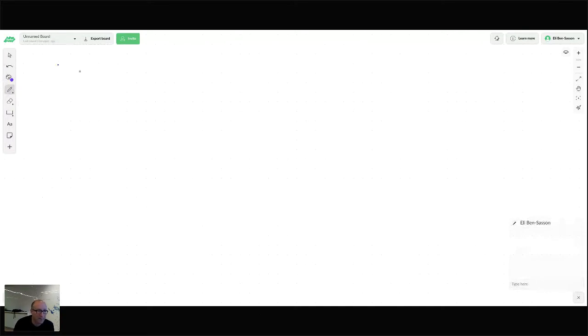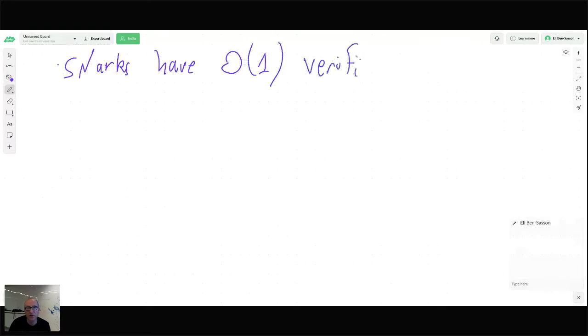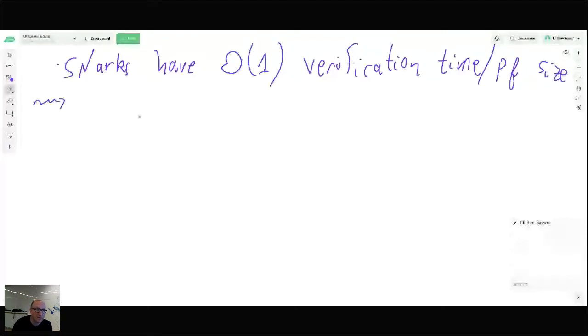Okay, so when we say SNARKs have O of 1, which means constant verification time or proof size, what we mean is there's O, and here there's poly in the security parameter, O of 1.